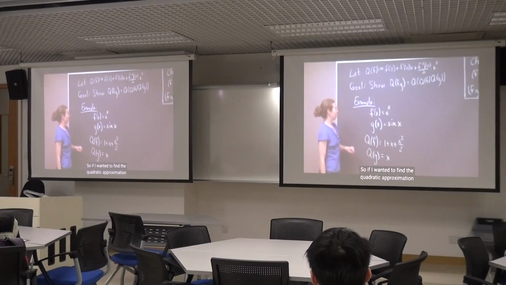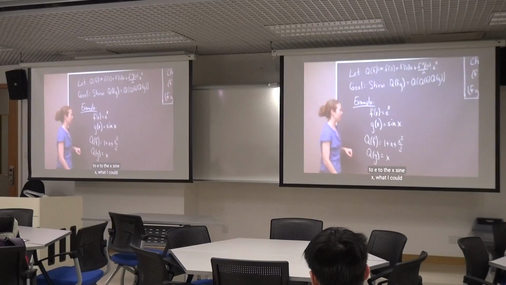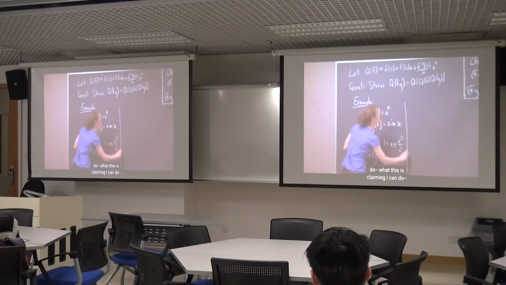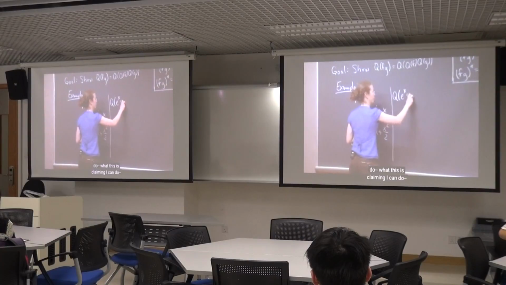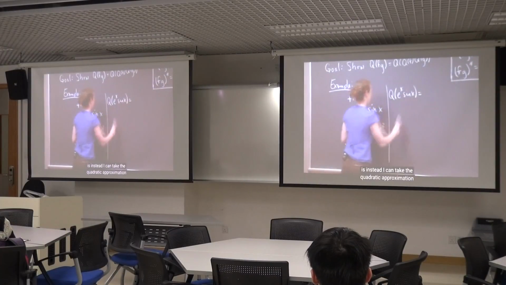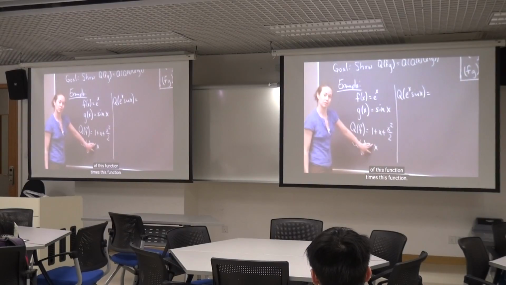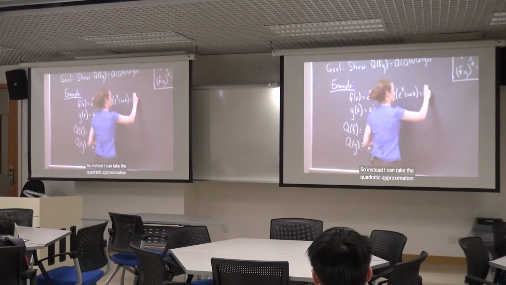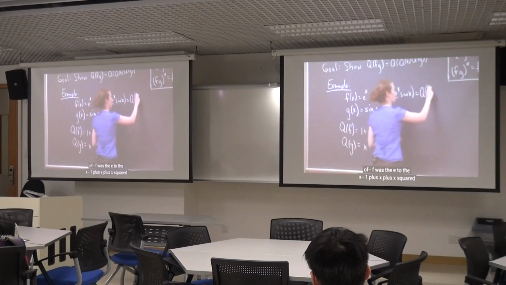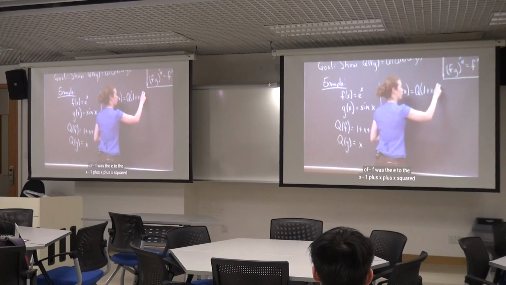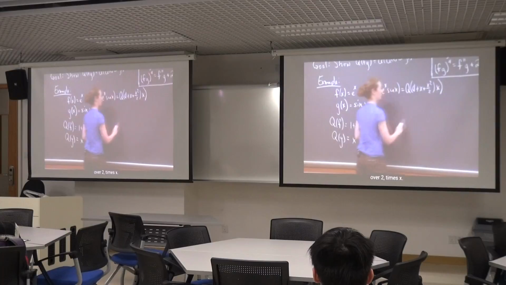So, if I wanted to find the quadratic approximation to e to the x sine x, what this is claiming I can do is instead take the quadratic approximation of this function times this function. So instead I can take the quadratic approximation of f, what's the e to the x? (1 plus x squared over 2) times x.